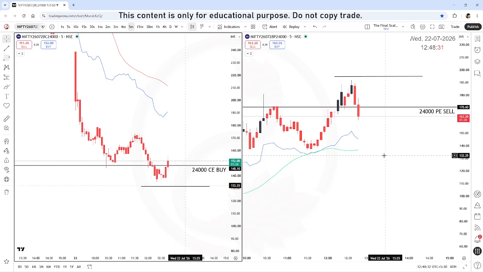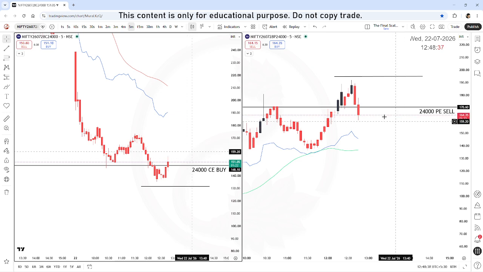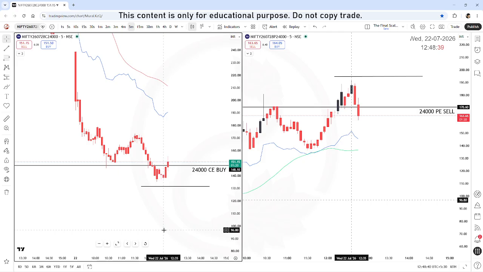So this is our synthetic future now, perfectly executed. We have sold the put option and we have bought the call option, and this is exactly what a synthetic futures is in reality. Okay.